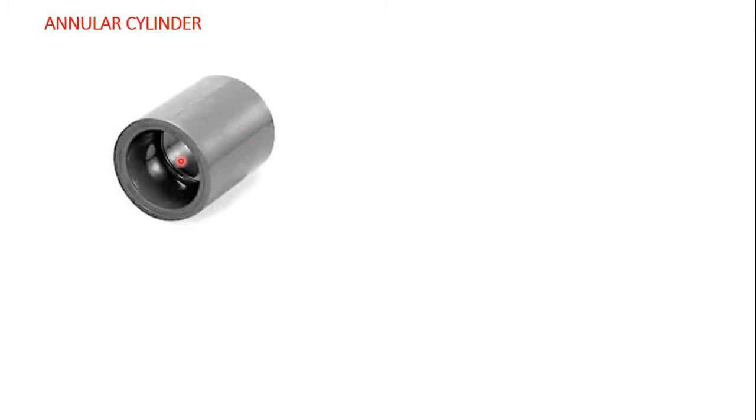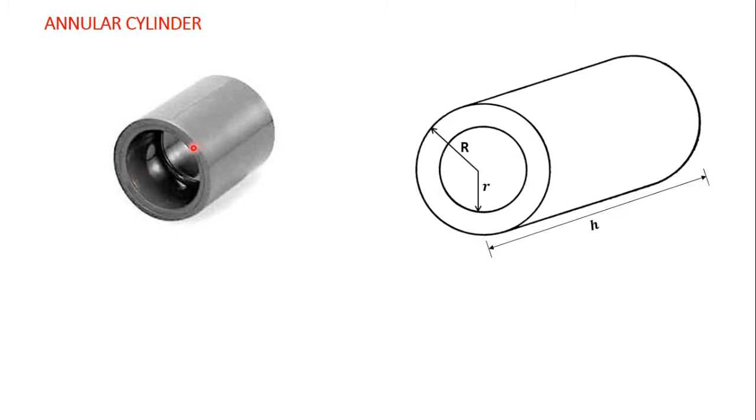Annular cylinder. The picture that we see here is an example of an annular cylinder. So it's like we have one cylinder that is fixed into another. If you have an annular cylinder, the distance from the center to the inner cylinder is called the internal radius.